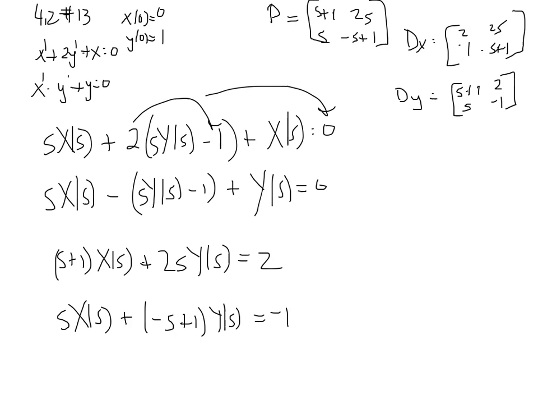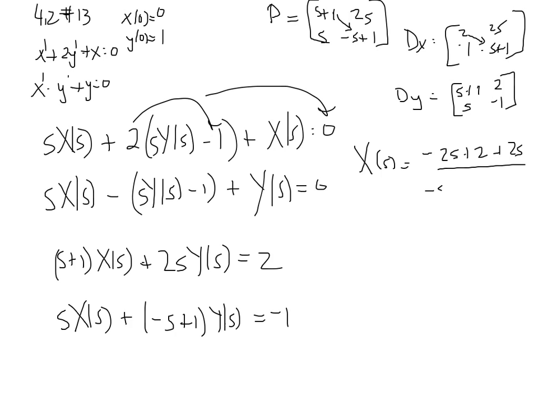Okay, so to find x, we take the determinant of the d sub x matrix. That's going to be minus 2s plus 2 when I multiply that way, and then I subtract and multiply that way, plus 2s, divided by, let's see, I got to multiply this way and do FOIL.